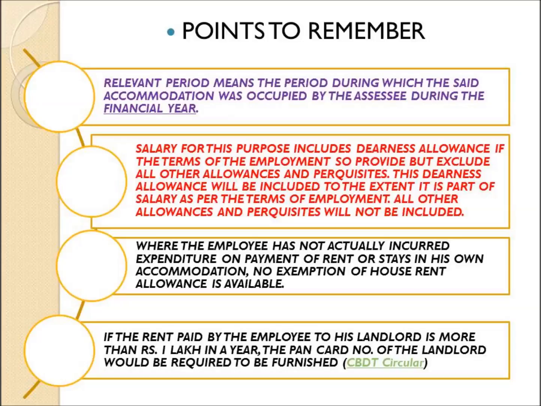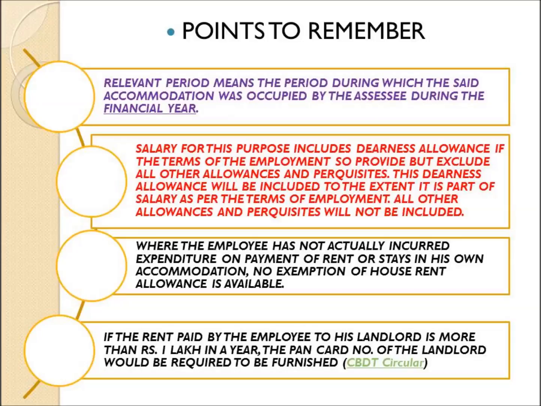So we have to be very particular about the relevant period. If the assessee changes his accommodation during 1 year, then we have to calculate HRA separately, that is for the period when the accommodation was different and for the period when he changed his accommodation and moved to some other place of residence. So the relevant period here holds a lot of importance.